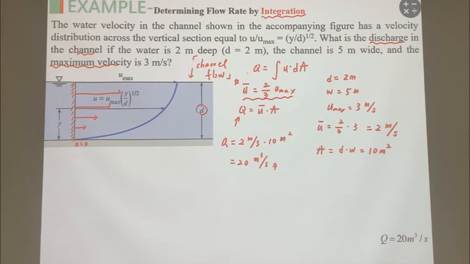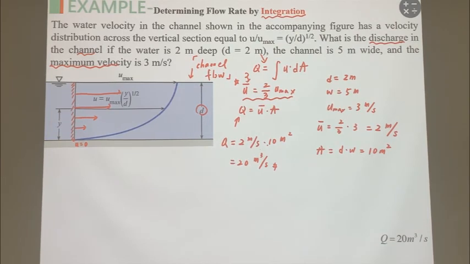Okay, if you didn't know the formula shown here, you would need to do the integration, right? If you do the integration, you can still calculate the Q value. But since we already know the formula, we can solve this problem very quickly.